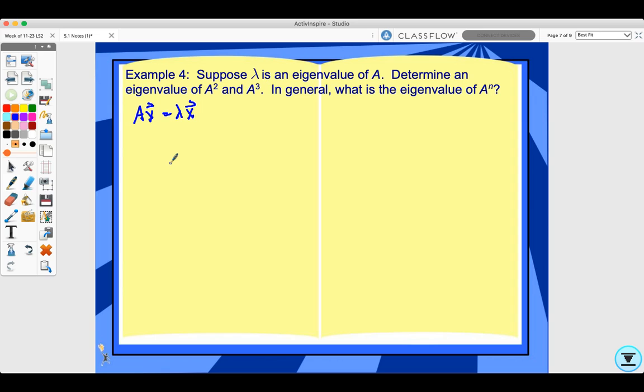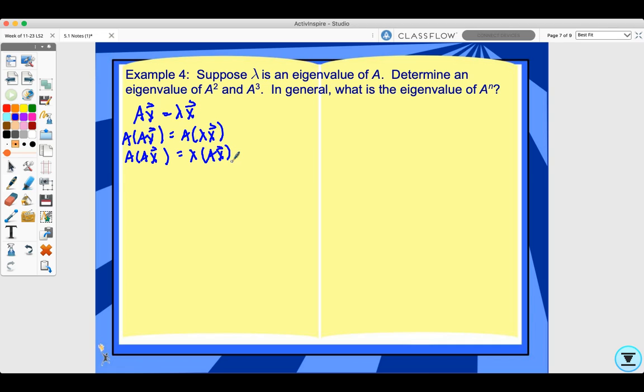So if I wanted to show A squared, I would multiply both sides by A. So I'd have A times Ax equals A times lambda x. Now I can go ahead and rewrite the right side. I leave the left side how it is, and I would rewrite the right side as lambda times Ax.